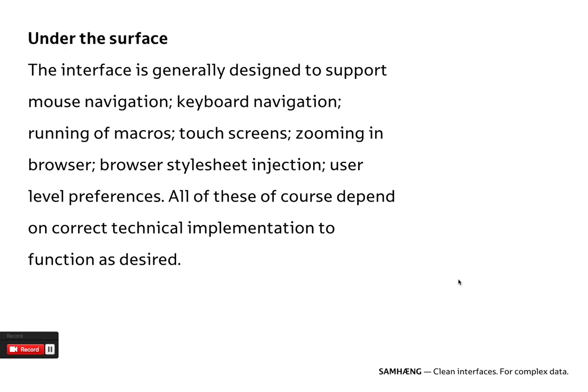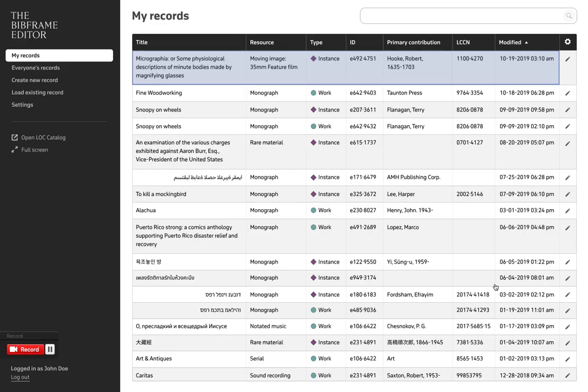And the details of this might need to change a little bit depending on how it's implemented. And for it to work at all, of course, it's very important that it's implemented correctly. But the design is there to support all of these things.